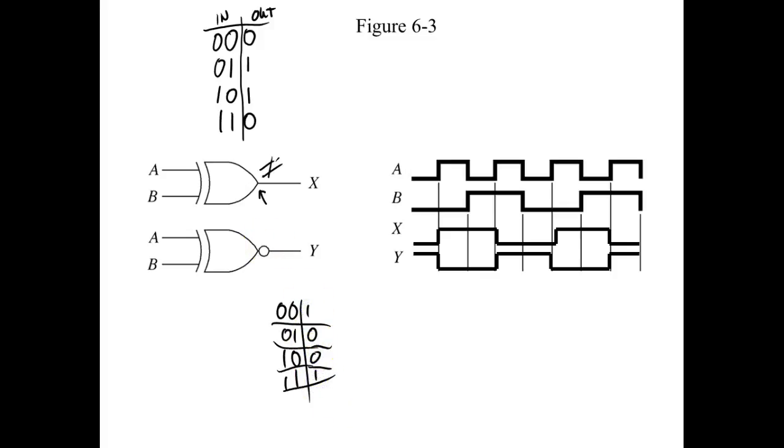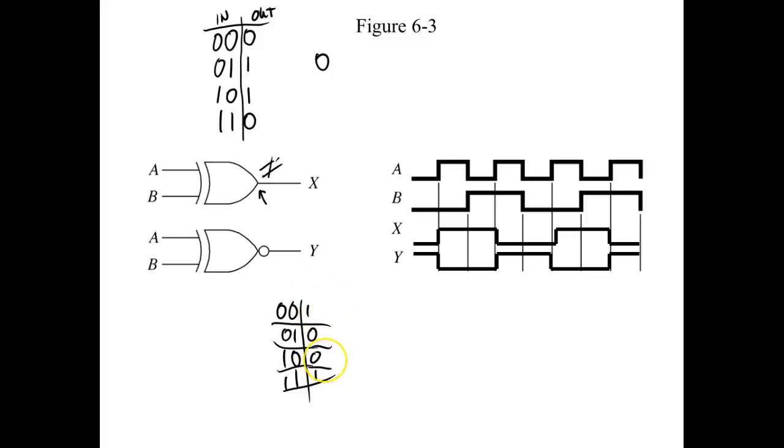So what we're saying is that I can look at the output of this gate, not even knowing what the inputs are, and I can tell if the inputs are equal or if the inputs are not equal. You understand that? So if I look at this one and I get a 0, I know the inputs are equal. If I get a 1, I know the inputs are what? Not equal. On this one, of course, it would just be opposite.